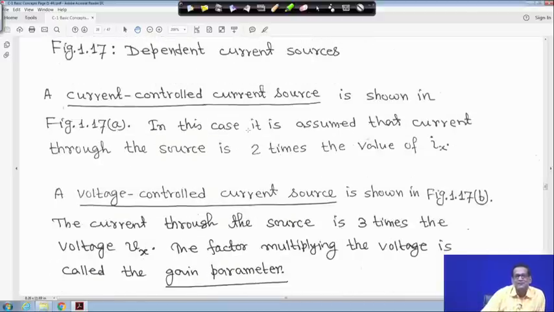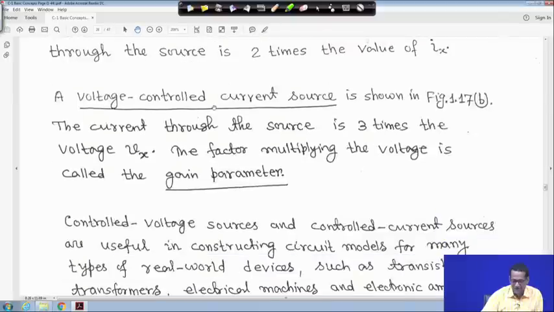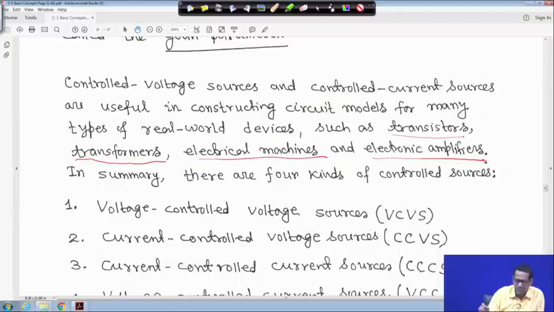It is a simple thing, so I am not going to repeat it. Controlled voltage sources and controlled current sources are useful in constructing circuit models for many types of real world devices, such as transistors, transformers, electrical machines and electronic amplifiers. These are real world applications.